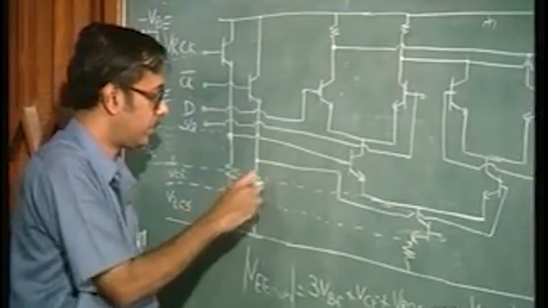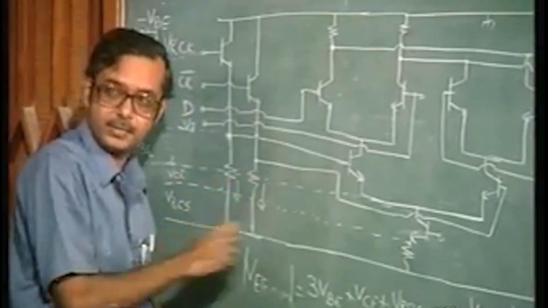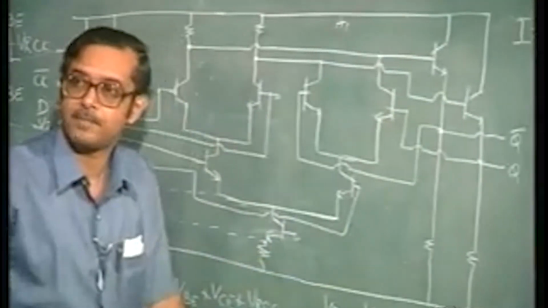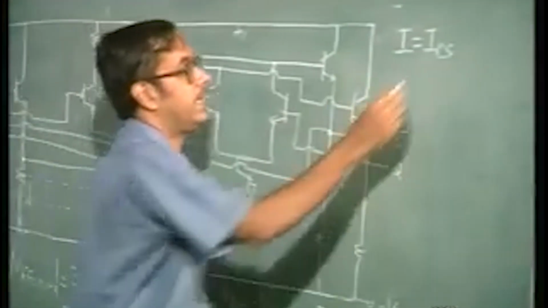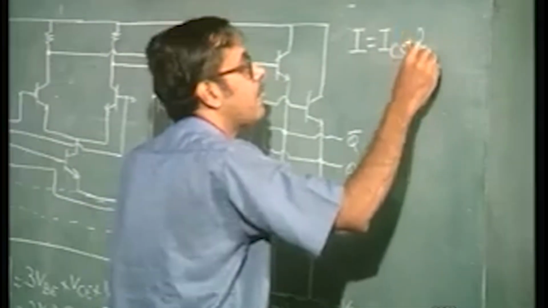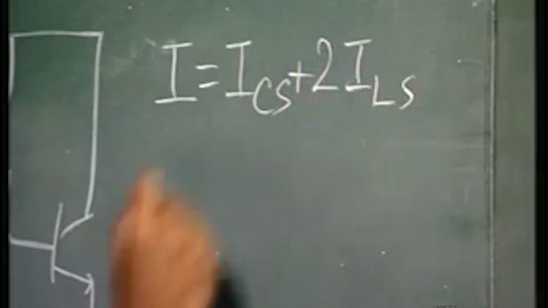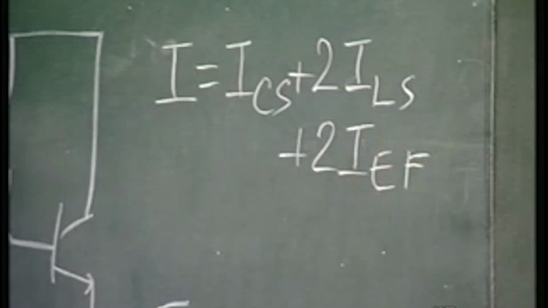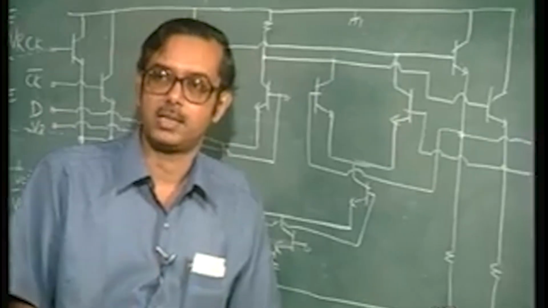The current will flow through these two. Okay, one current source, 2 level shifting, and 2 emitter followers. So, you have ICS plus 2 I level shifting circuits plus 2 I emitter followers. So, this is the amount of current which flows. Okay, and you have the voltage, and so the voltage into current is the power dissipation.